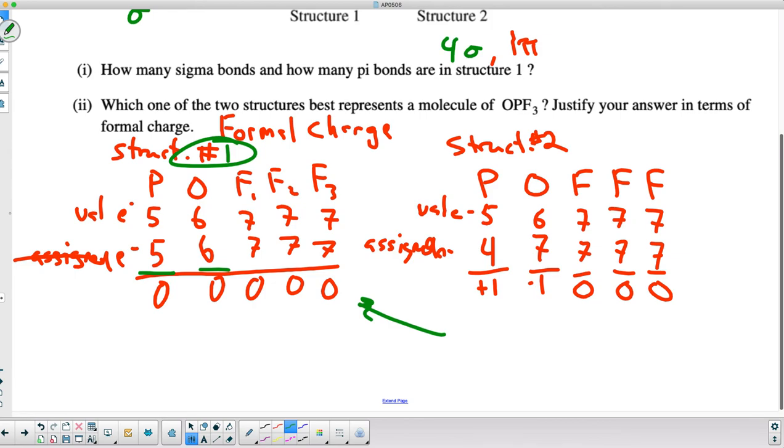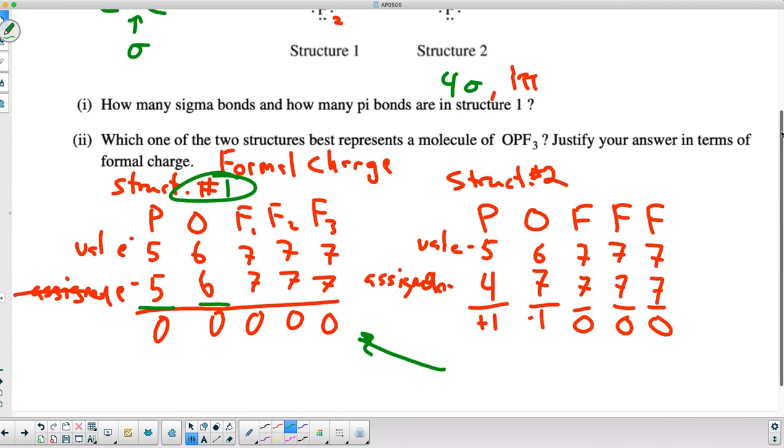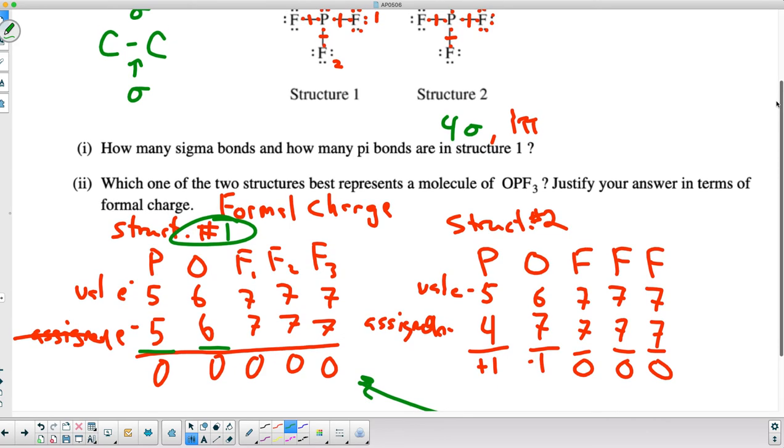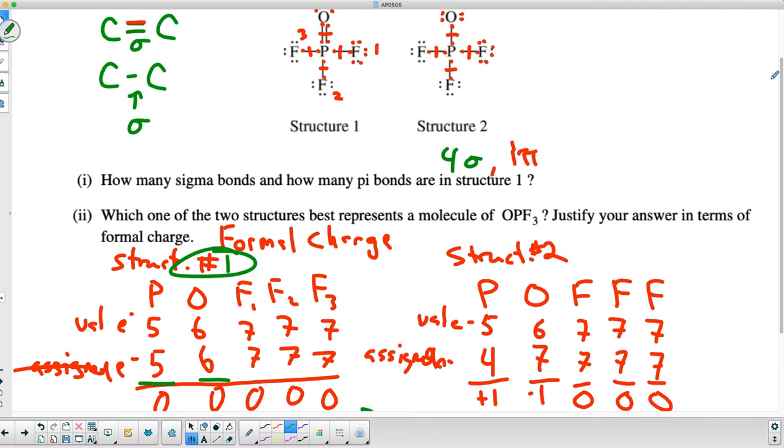The formal charge, which is valence electron minus assigned electron, means that this one holds a more stable structure, because of the single and the double bond between the oxygen and the phosphorus. It allows phosphorus to have 5 valence electrons and 5 assigned electrons, and oxygen to have 6 valence electrons and 6 assigned electrons.